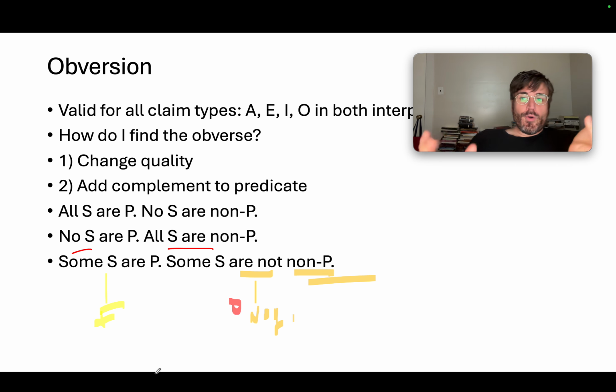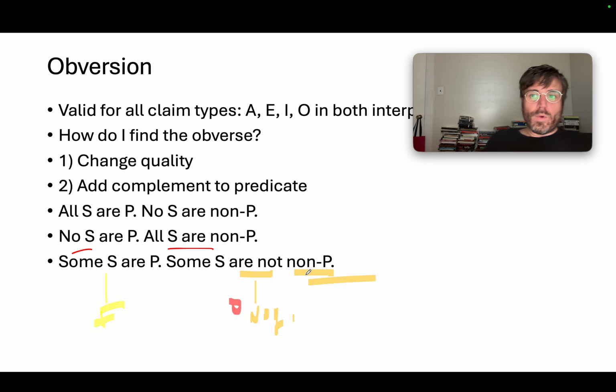So in order to retain the quality, particular negative, and add the complement, we then also need that non term. So even though it sounds very clunky to have both not and non, that is accurate for the obverse.